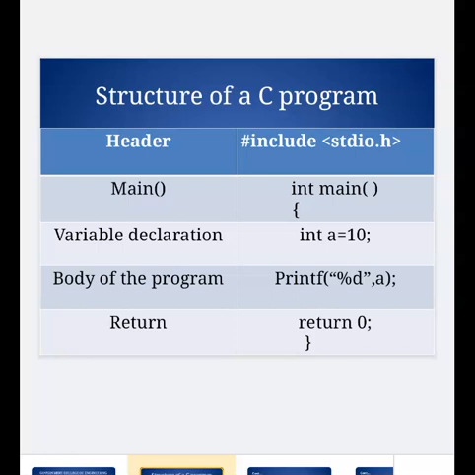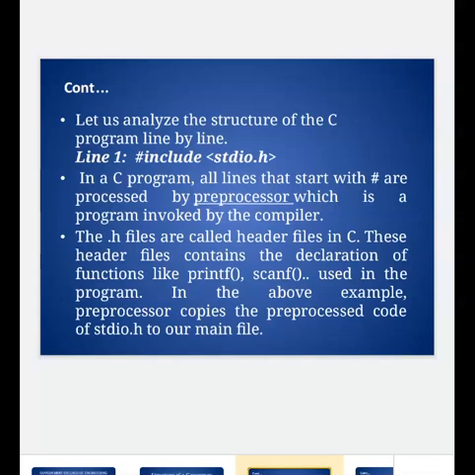The first line is #include <stdio.h>. In a C program, all lines that start with a hash symbol are processed by the preprocessor, which is a program invoked by the compiler. The compiler converts the high level program into a machine readable program.